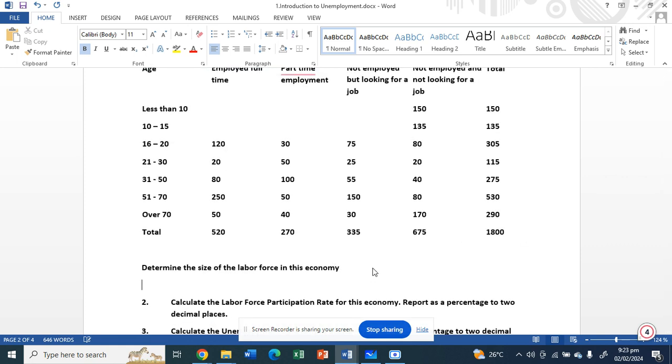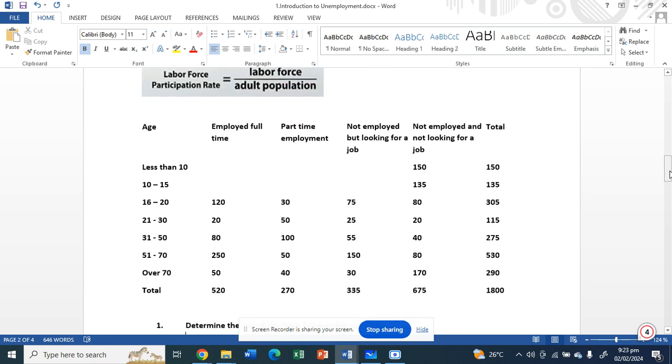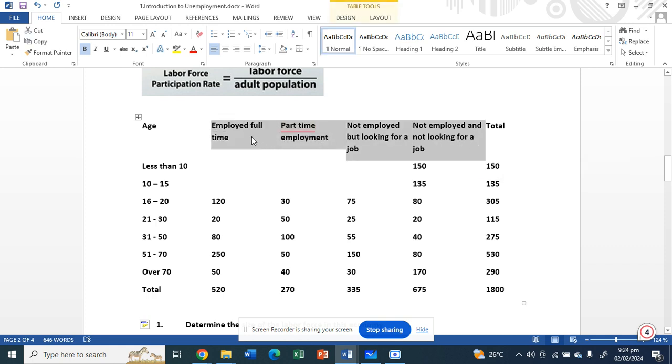So to get the labor force, we need to add the number of people who are employed and those who are unemployed. We've got four columns telling us people who are fully employed, partly employed, not employed but looking for a job.